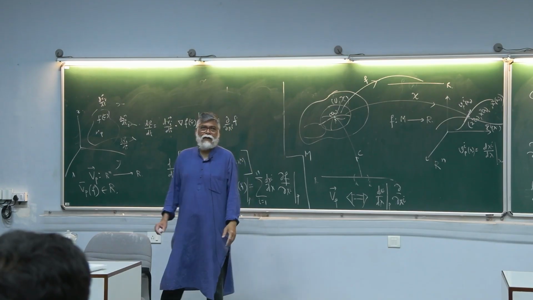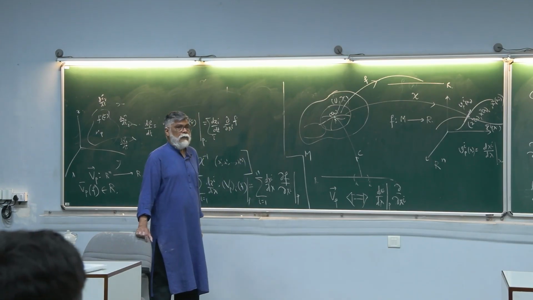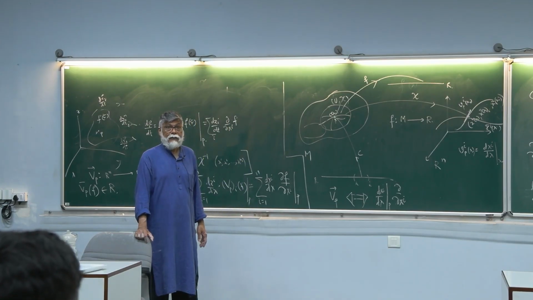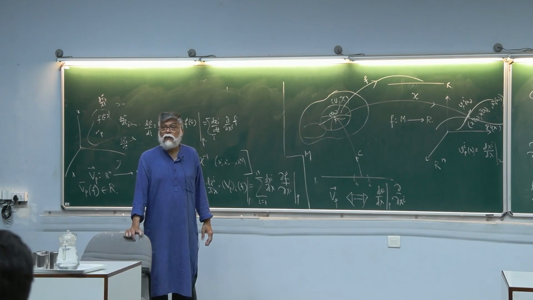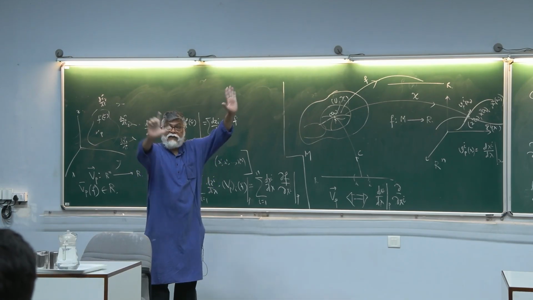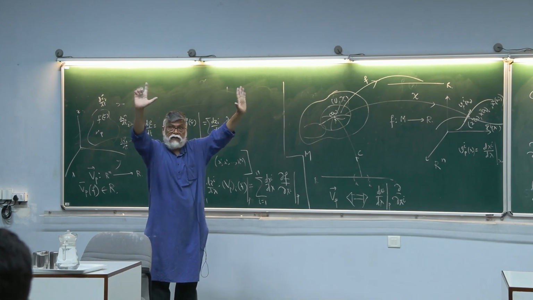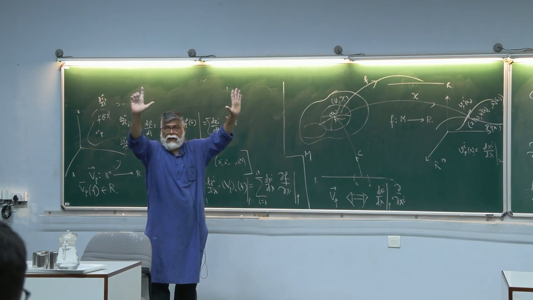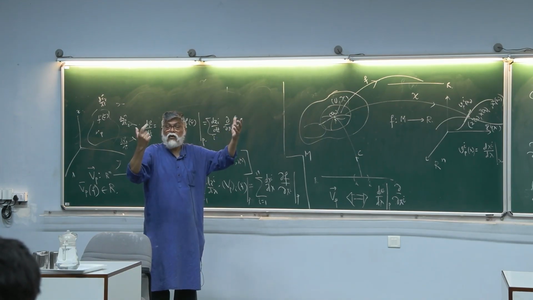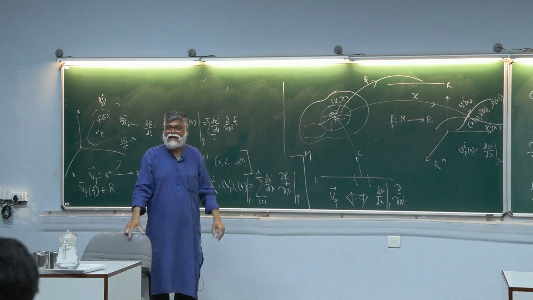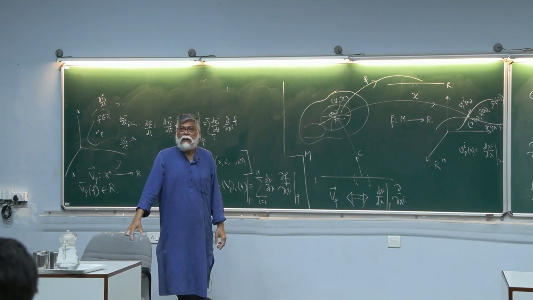Any other question? Because now I am going to cotangent. TPM does not belong to the manifold. No, it is a separate vector space. It is a linear vector space, while for the manifold, we have not even talked about how to add two points.